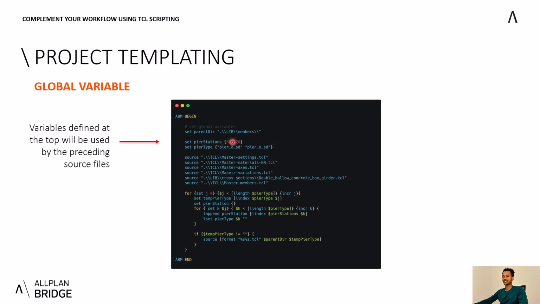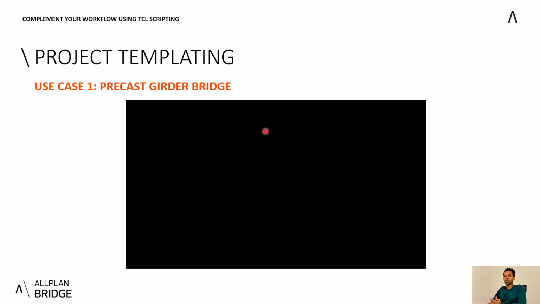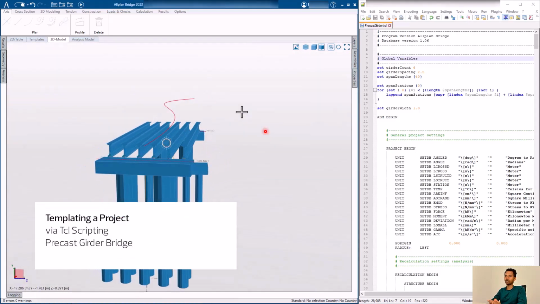And we specify the stations of the piers, so where we want to place the piers. Here we have a loop statement which will calculate the pier type and place a given pier type at a given pier station. Just to show the demo here, this is the first use case, basically the one that we have been talking about.